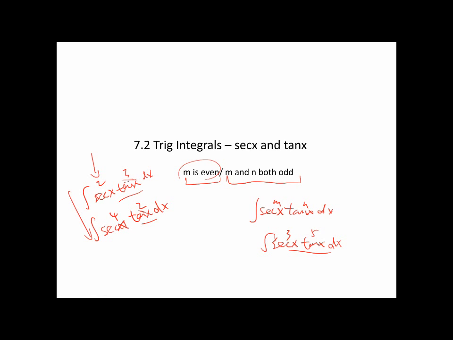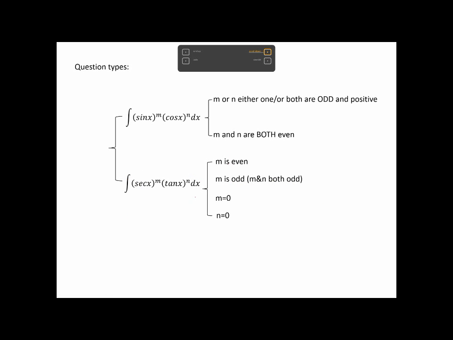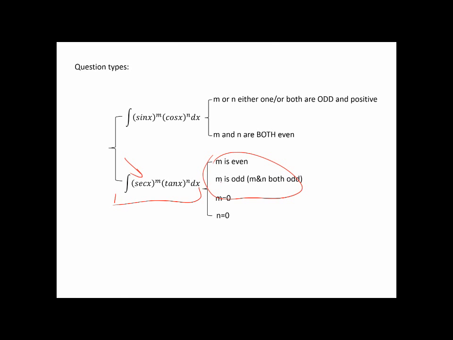The key formula is the same one for both problem types, so I put them together here. I want to make it clear, we are at the second problem category, these two problem types, where secant x and tangent x to the nth come together.